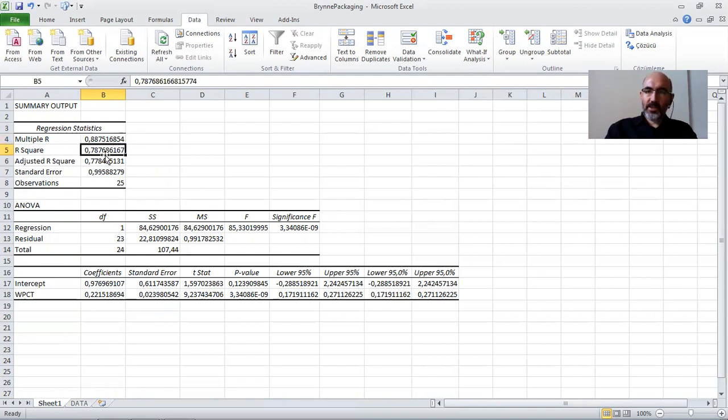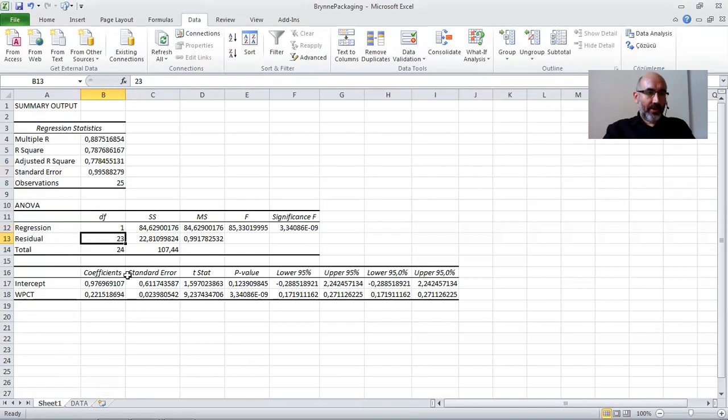R square is the variance in rating explained by the variance in WPCT. Okay, and the standard error, on average, the error made by this prediction is approximately 1 rating point. So since the rating is over 10, this corresponds to roughly a 10% error made by this equation.